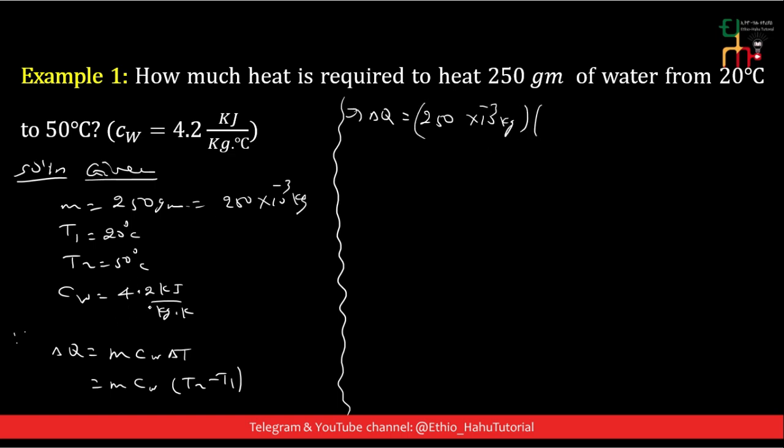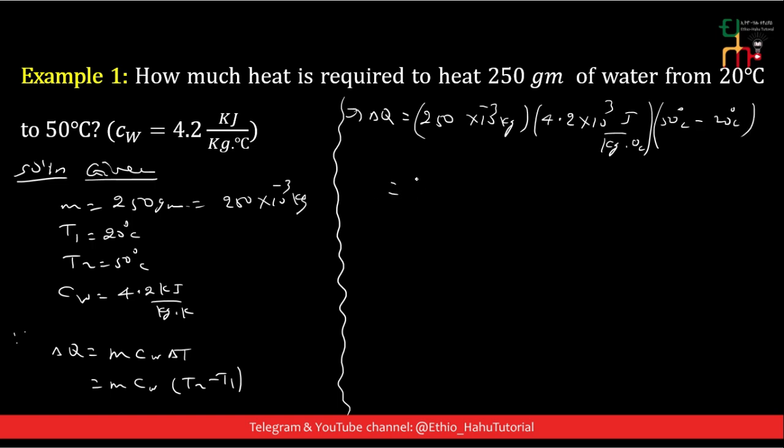The specific heat capacity of water is 4.2 times 10 to the power of 3 joule per kilogram per degree Celsius, times T2 minus T1. T2 is 50 degrees Celsius minus T1 is 20 degrees Celsius.